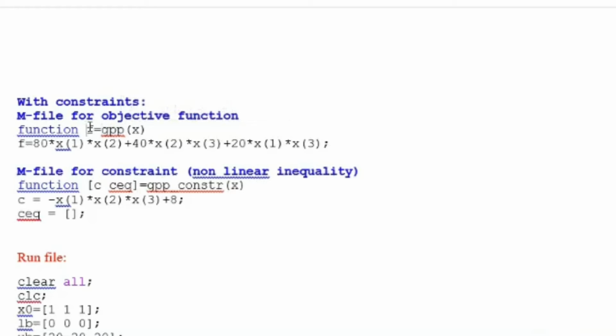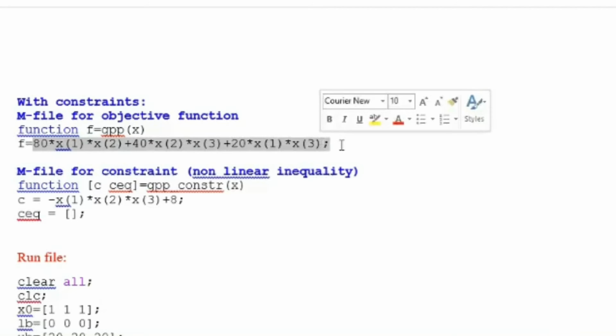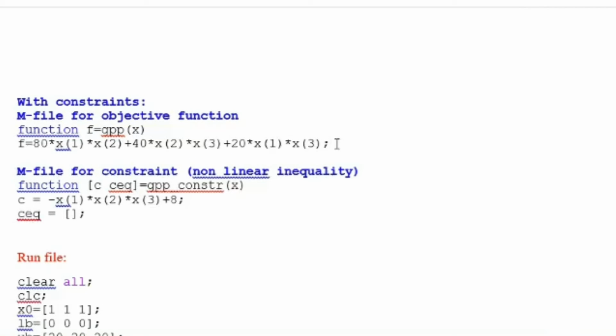Then this notation F, any notation can be used, but the same notation should be used in both places. And then we have to type the objective function simply, and at the end a semicolon, right? So this is the way we can write the M file for the objective function. Any difficulty here, my dear students? It is a simple one, right?